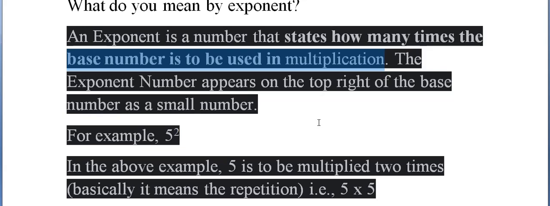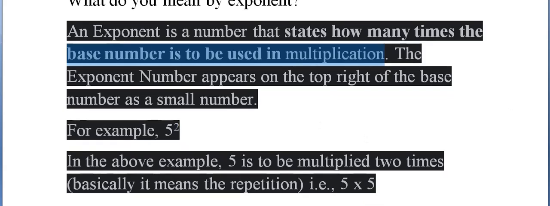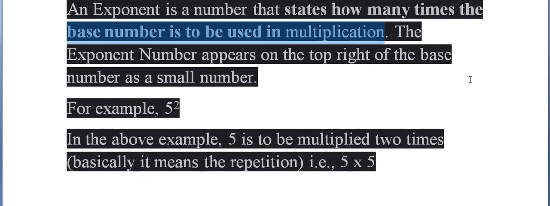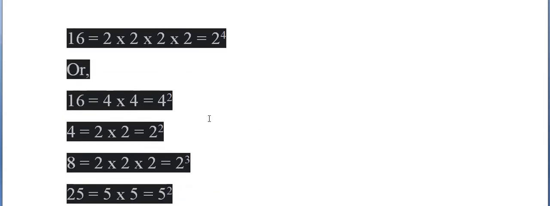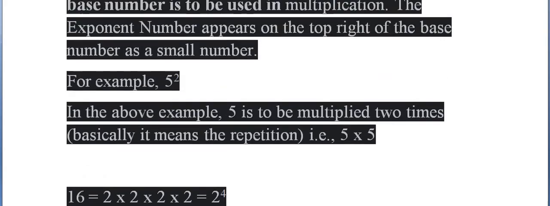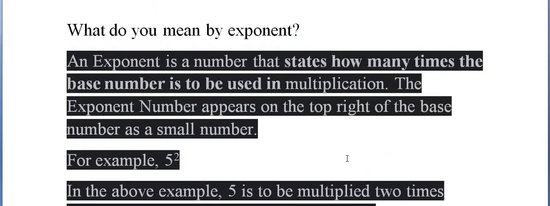And this number appears on the top right side of the base number as a small number, like this. I hope you know the concept of exponent now. If there is any kind of confusion, or maybe I couldn't explain it in such a way, please let me know.